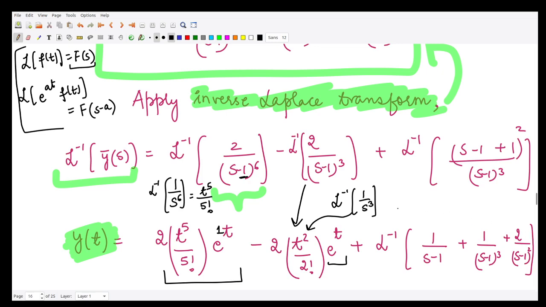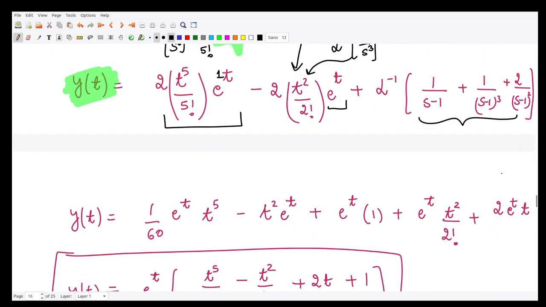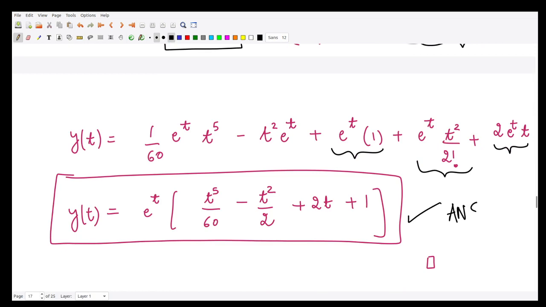So here, in order to make the denominator and the numerator equal, we write minus 1 plus 1, so that when you open up the square, you obtain these terms cancelled out. So now it is very easy to calculate their Laplace inverses. The Laplace inverse for the first term comes out to be e to the power t into 1, then e to the power t into t square by 2 factorial, and then 2 e to the power t into t, again using the first shifting property. So this is the final answer of the given third order linear differential equation.